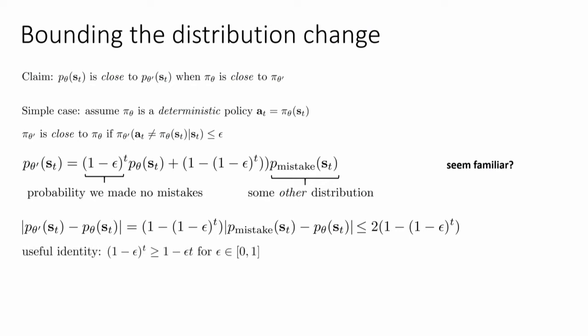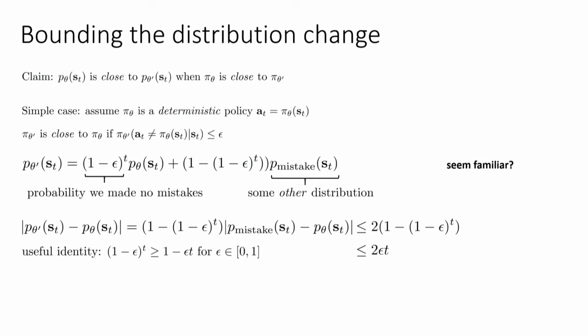Now there's this useful identity, which we saw before when we talked about imitation learning. That simply allows us to get rid of this annoying exponential term. So if epsilon is between 0 and 1, then (1 minus epsilon) to the t is greater than or equal to 1 minus epsilon times t. So we substitute that in there, and we get a bound of 2 times epsilon times t. OK, so after all of these contortions, what have we actually arrived at?